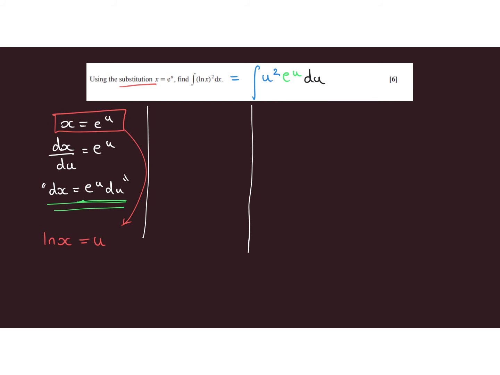Now, the tricky thing here is that the letter u is what we normally use when we set up our integration by parts, when we do the uv minus the integral of v du by dx, and that's now been used in another context.